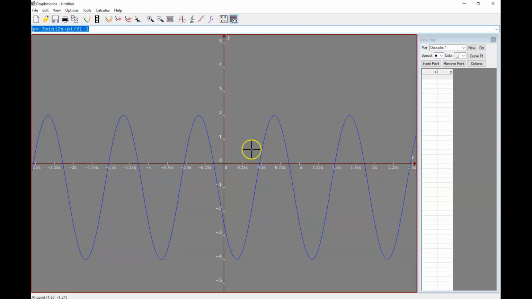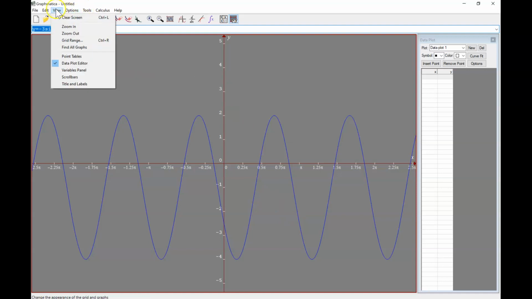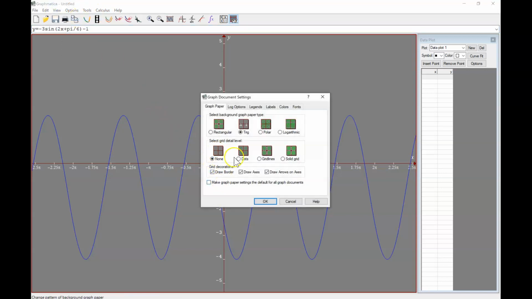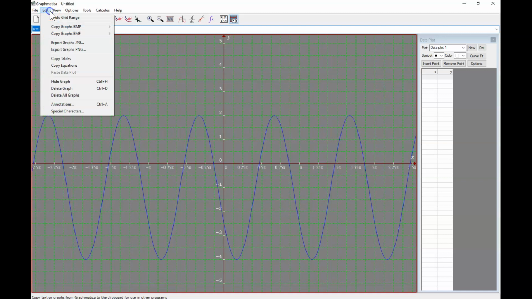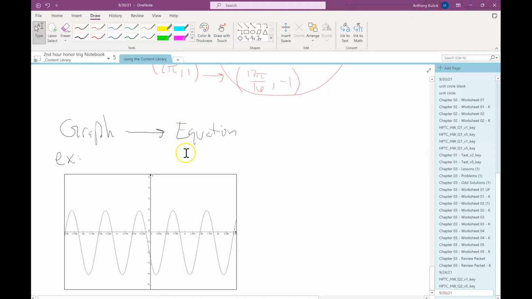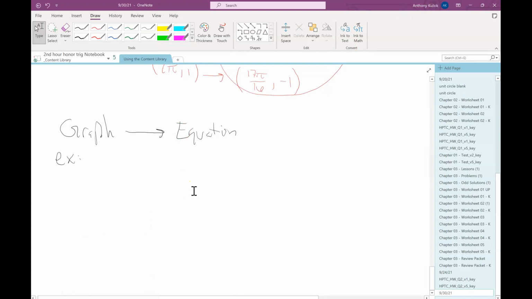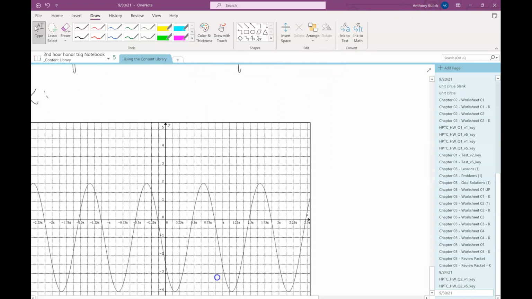Actually, I think I want the grid here. That'll make life a little bit easier to have that grid in there.